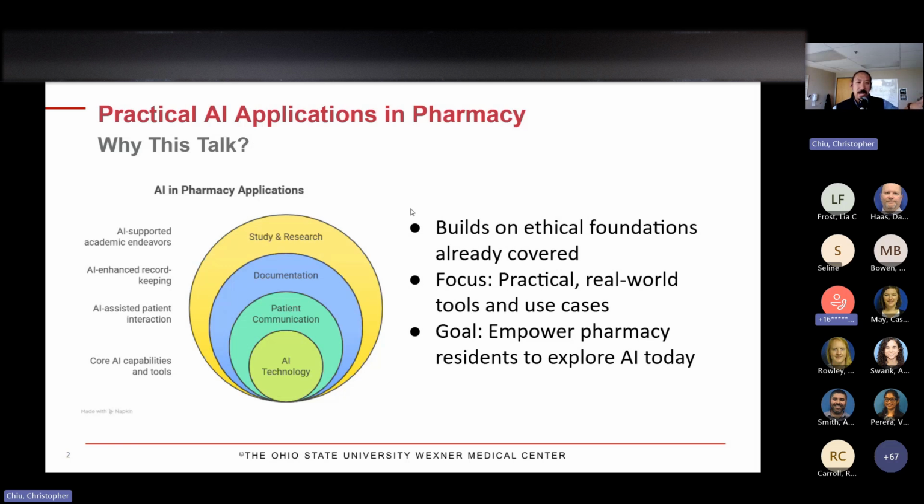There were some discussions already about how to apply it to research, but the way I like to think about research is just-in-time learning and education, and even studying. I want to reemphasize that AI shouldn't replace your clinical judgment, but hopefully you can use it as a tool to extend your bandwidth and be more effective and efficient in the things you have to do in your daily life.